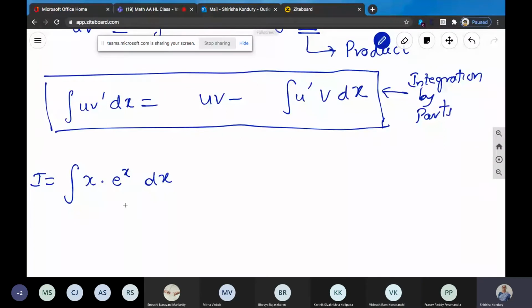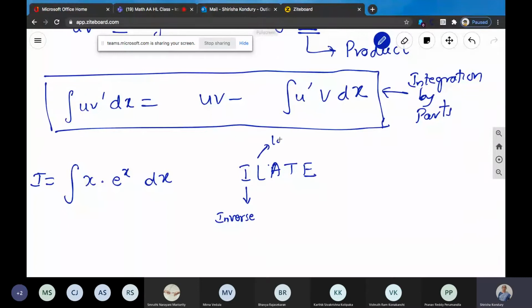Absolutely. So I have a linear function or an arithmetic function and an exponential function. Now I have written u, v. So which one is u and which one is v? How do I decide to make it simpler for myself? The rule says ILATE, where I stands for inverse functions, like your trig inverse functions.